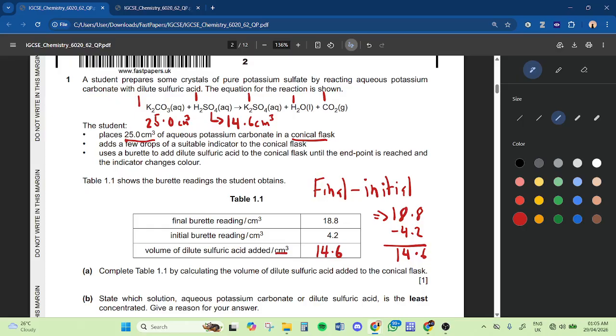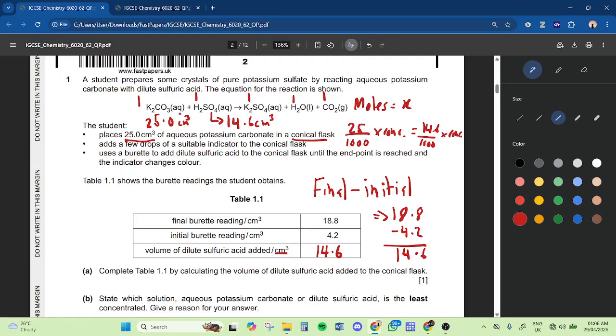So if you want to get the same moles, let's say moles is equal to X, for example. So they both have the same number of moles. So if we're going to calculate, 25 by 1000 times concentration is equal to 14.6 by 1000 times concentration, because they have the same number of moles.